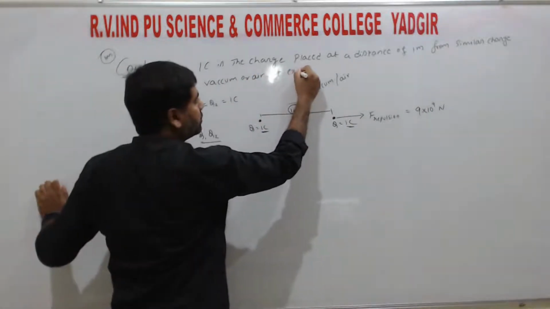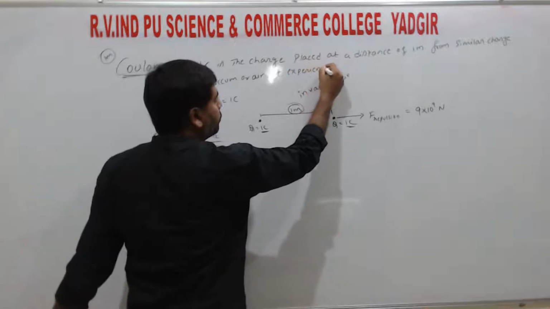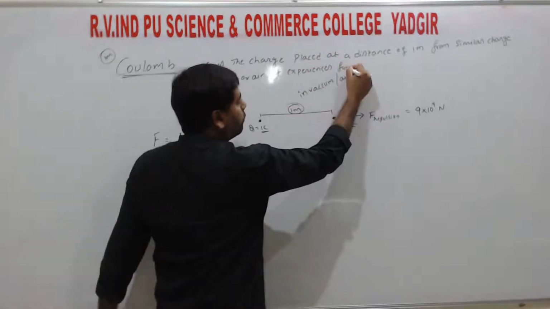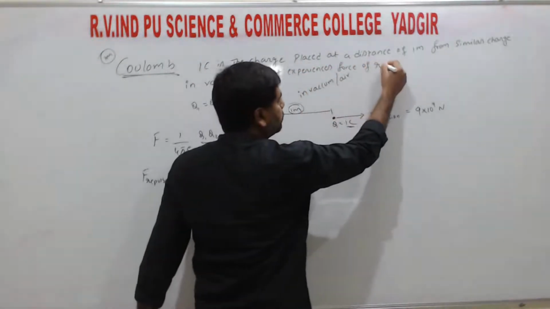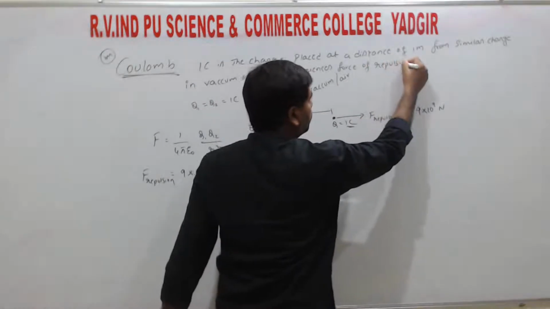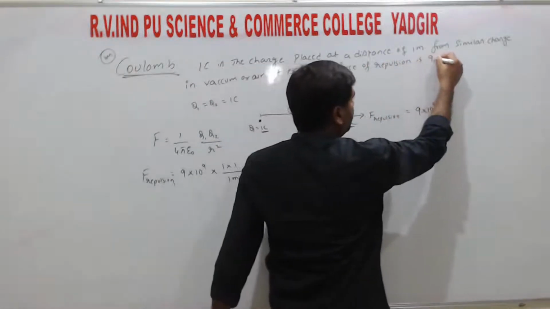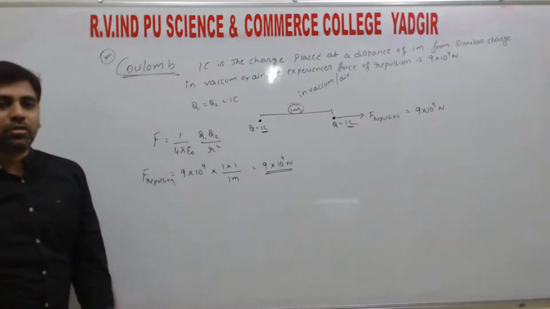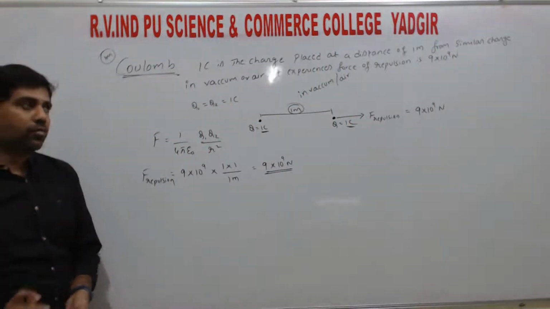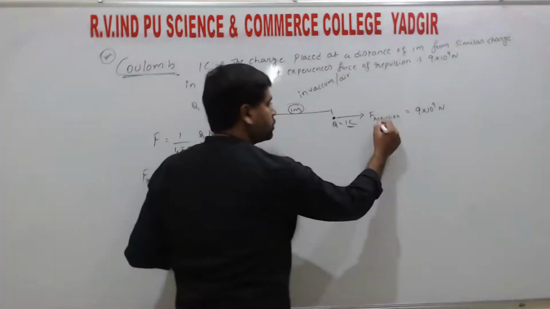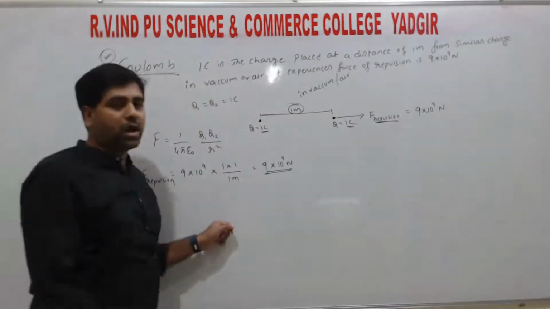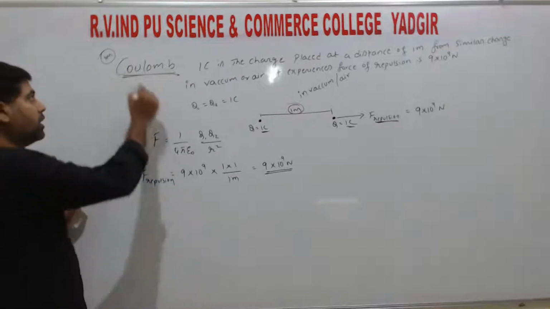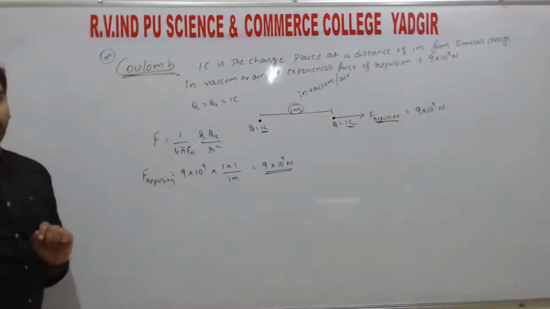It experiences a force of repulsion of 9 into 10 to the power of 9 Newton. So this is the definition of Coulomb. The important thing here is the force of repulsion. There is no force of attraction. That gives the definition of the Coulomb.